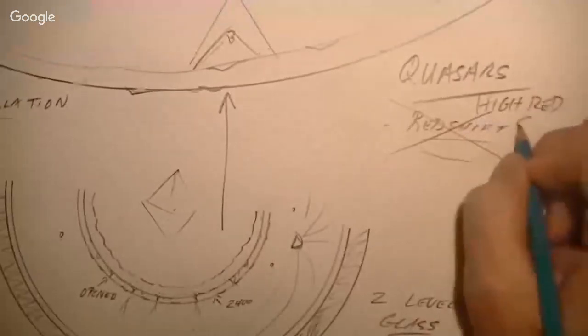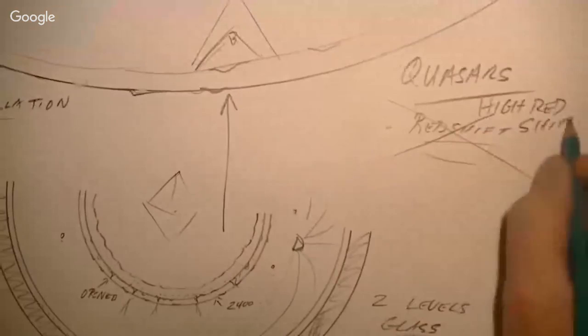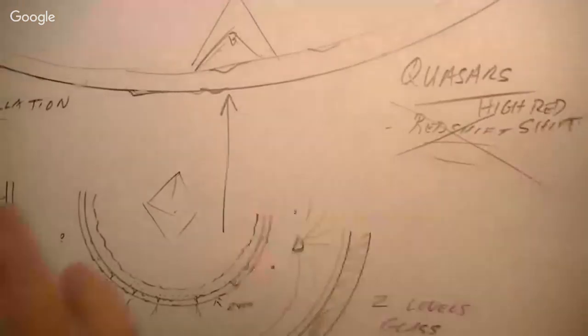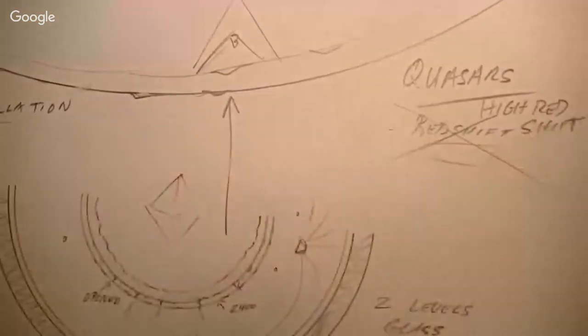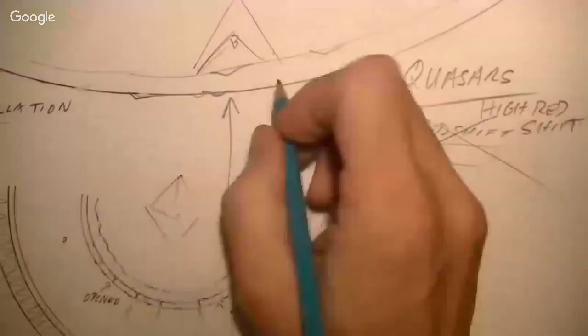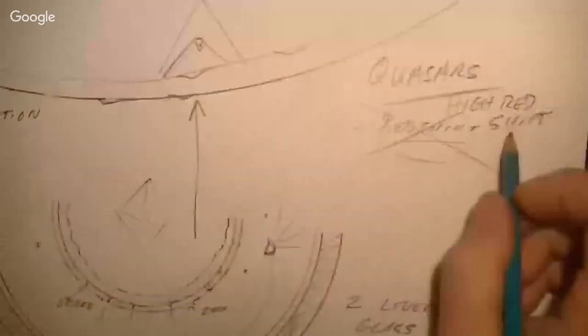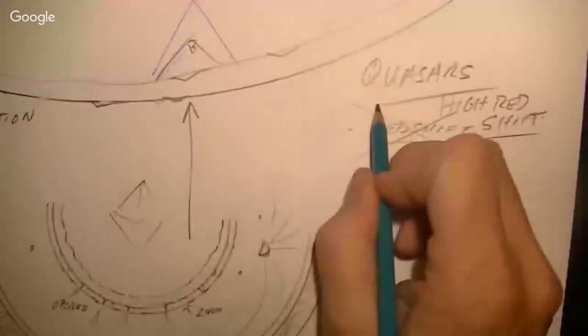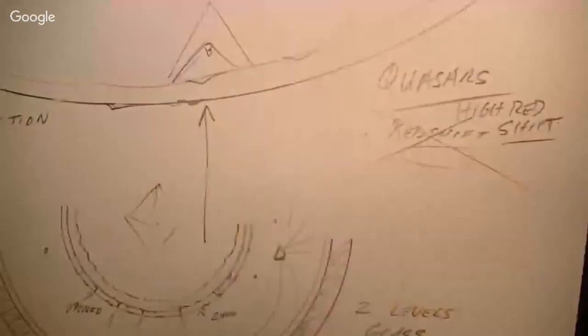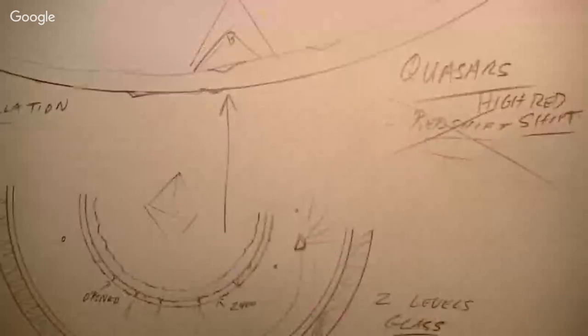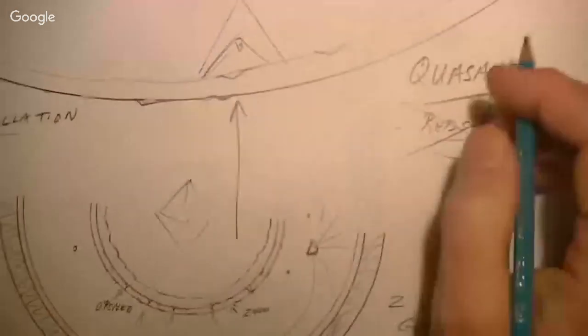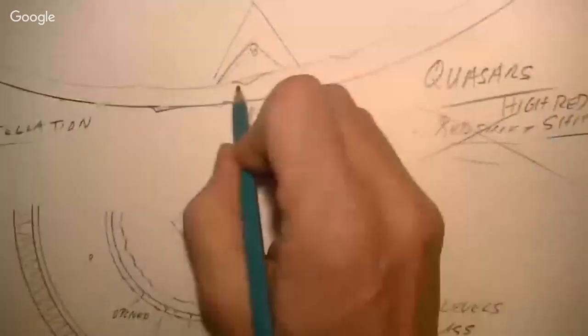Very high redshift. Okay? And Hubble didn't realize this when he came up with the redshift theory. He didn't understand that there were quasars that were actually breaking the laws of redshift, of the so-called Doppler effect. That's simply not what's happening.